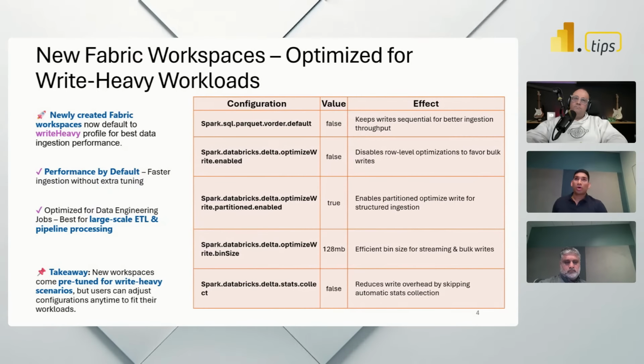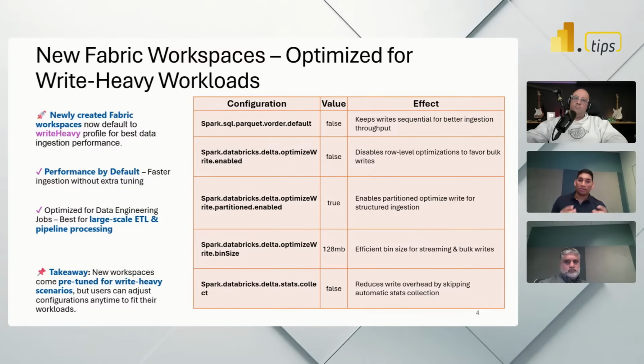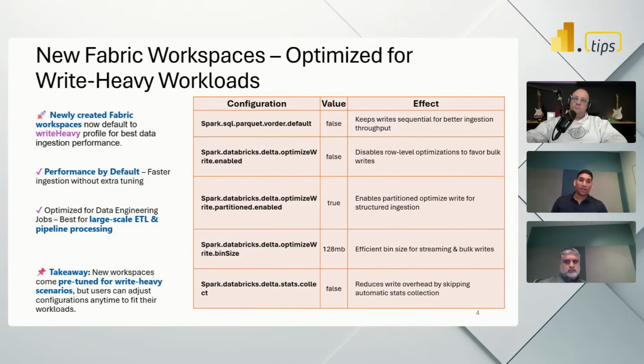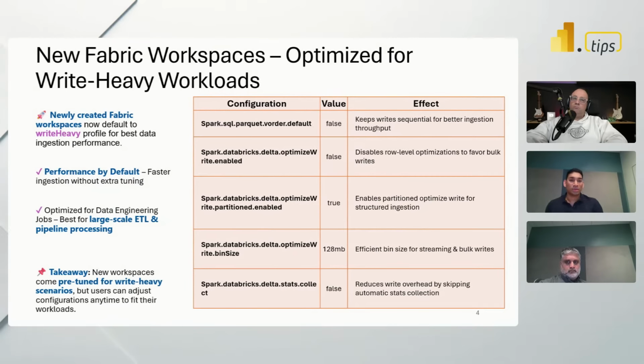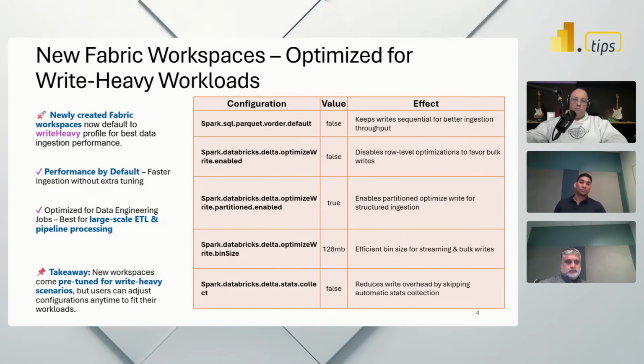So this is one update that I want to make sure users are aware of. This is only impacting new workspaces, but users should be able to test this out and compare it if they have benchmarking environments in their workspaces.